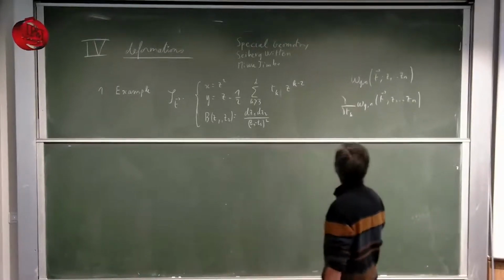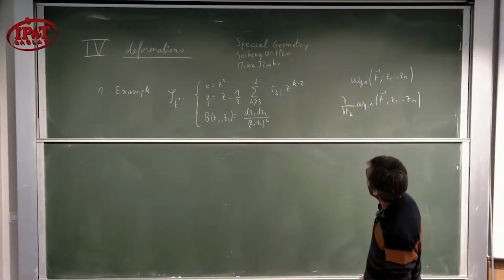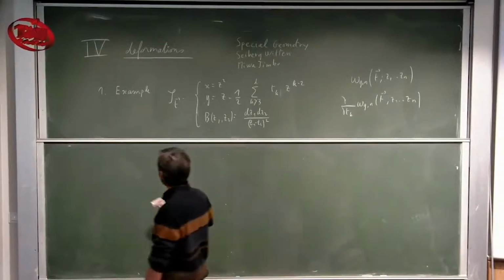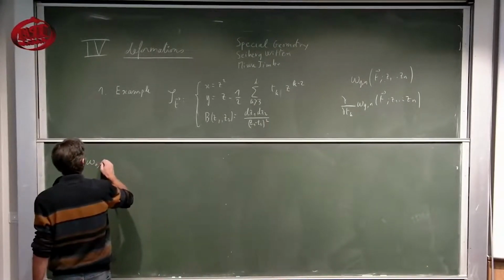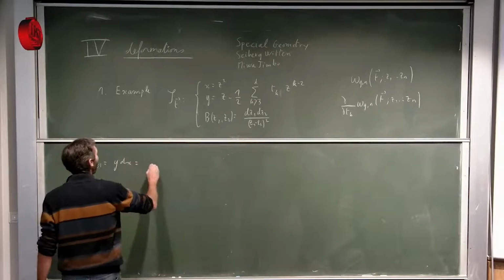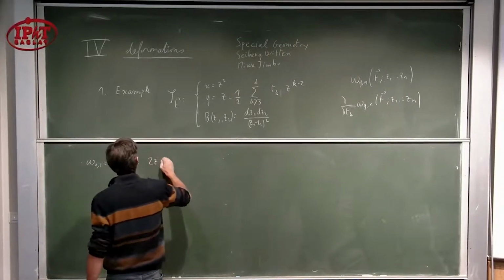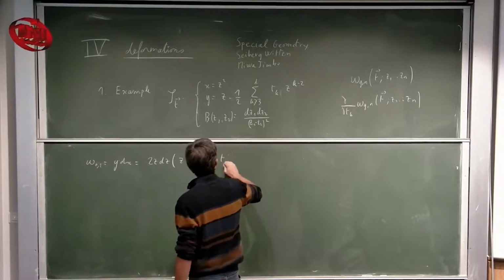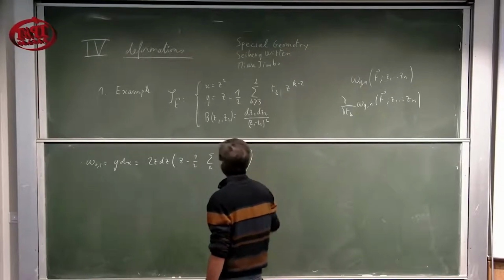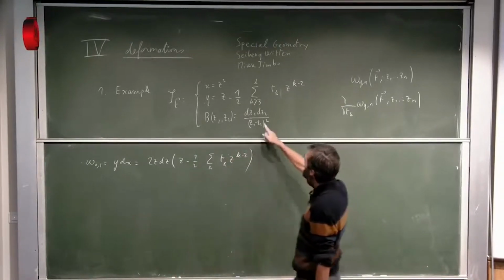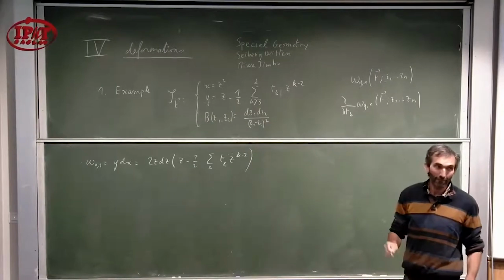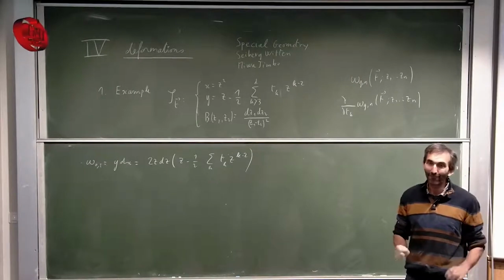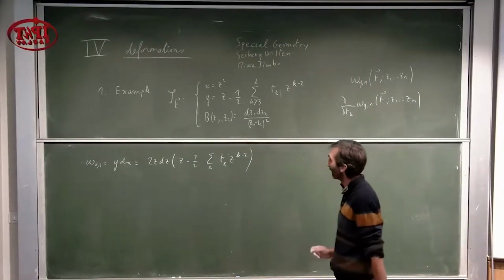Okay, so let me start by first computing the derivative of ω_{0,1}. So ω_{0,1} is y dx. In this context, dx is 2z dz, and I multiply it by z minus 1/2 sum over k of d_k z^(k-2). Here I restrict to k strictly larger than 3. All that I'm going to tell also works for k smaller than 3, but there are some more technical details, so k larger than 3 is easier.